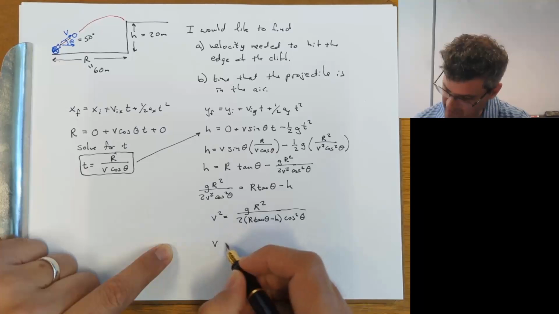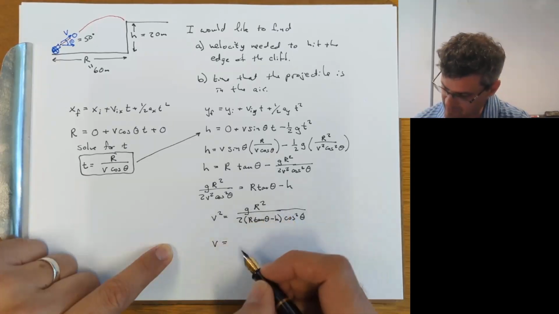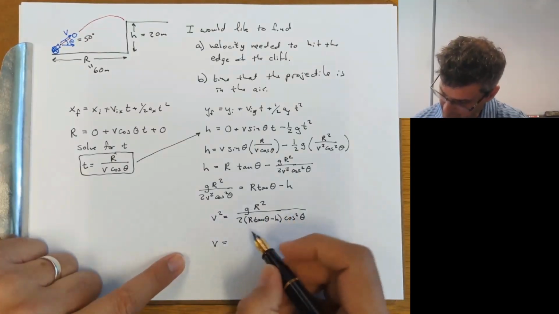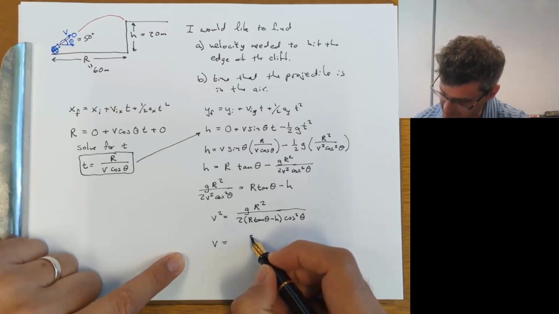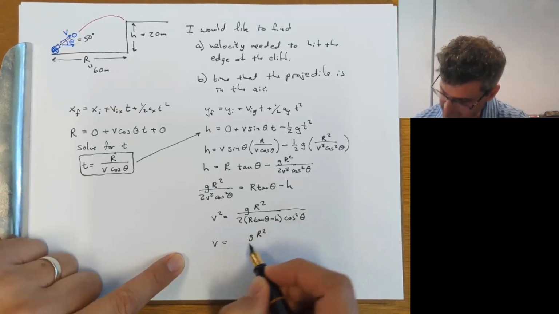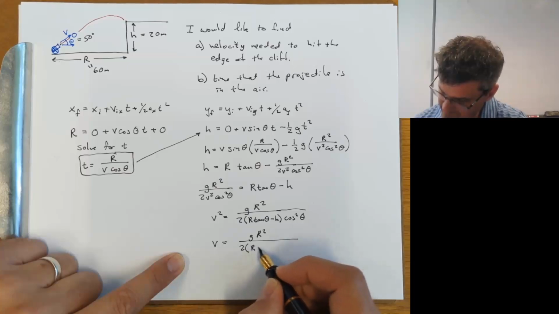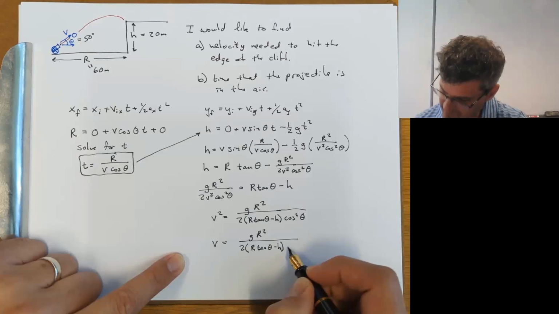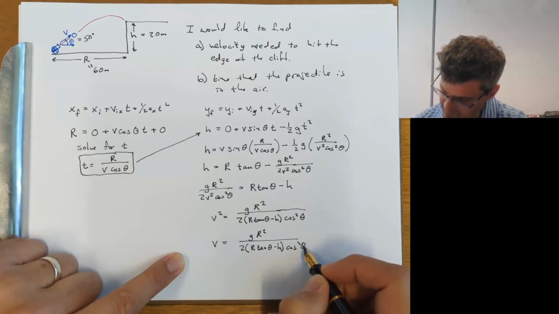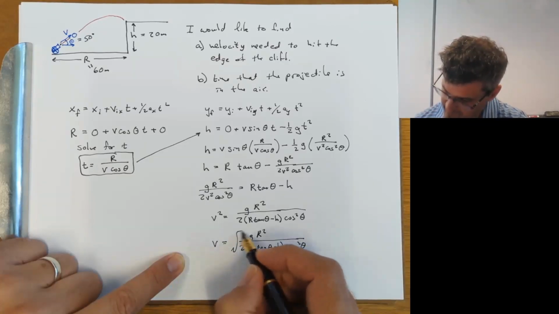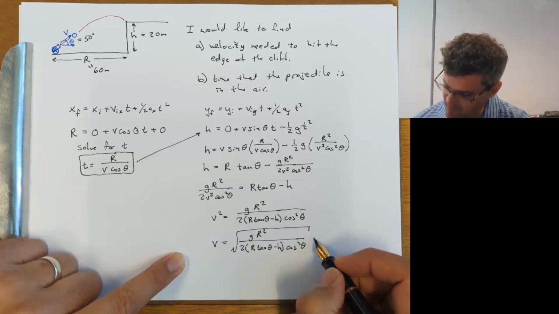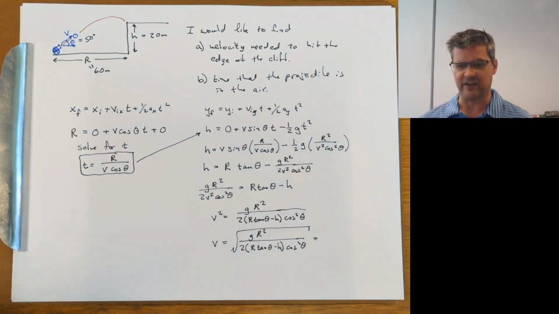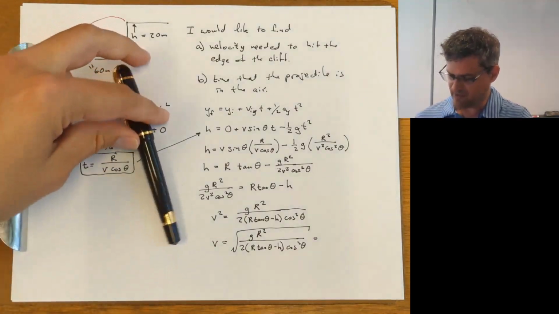Or v is equal to the square root of this whole thing. And I'll keep the r squared under the square root. And we know all of those things. I know g, I know r, I know 2, I know theta, I know h. So I can solve this.